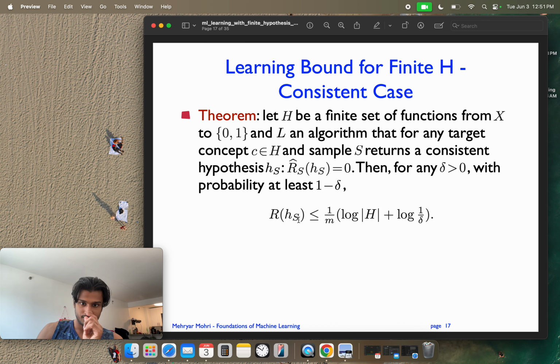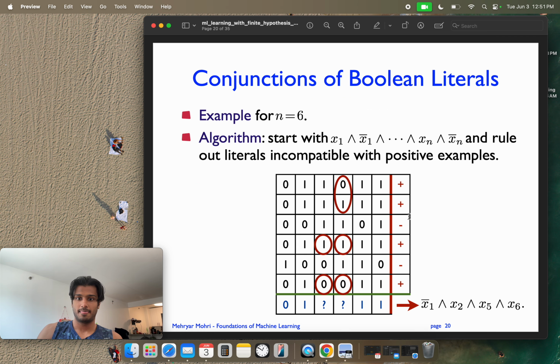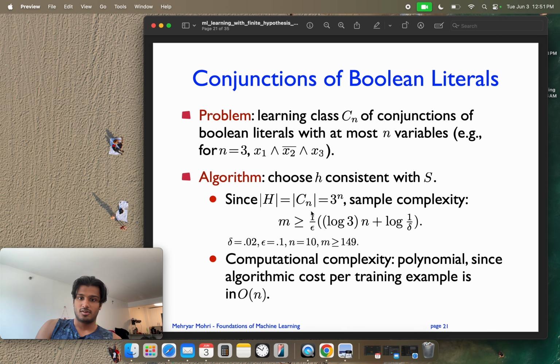Coming from here, if I want this thing to be less than epsilon, then m has to be greater than 1 over epsilon times log of the number of hypotheses plus log of 1 over delta. So m has to be greater than 1 over epsilon times log 3 to the n plus log of 1 over delta, and you need these many samples. So computational complexity is polynomial, since the algorithmic cost per training sample is small.